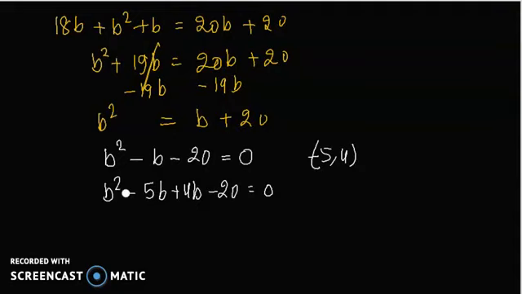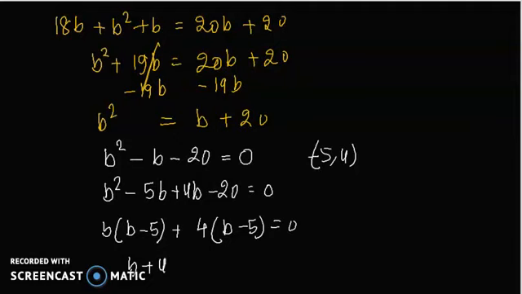So we can write here b times b minus 5, and from these two terms we can take common 4, and we can write 4 times b minus 5 equal to 0, and on further simplification we can write b plus 4 times b minus 5 equals to 0. I am pretty sure till this step there is no confusion, and now we will proceed further to solve.